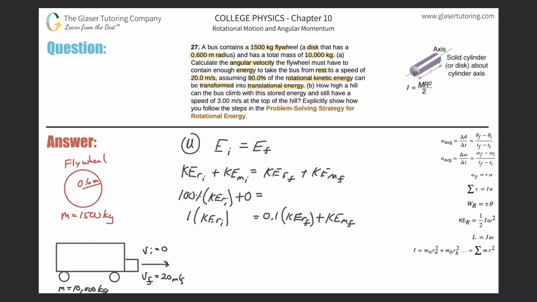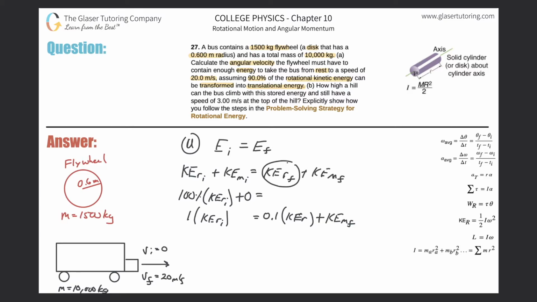Okay? So what do we do now from here? Well, I realize that these two values will be different. So what I should have done was write in my substitution here, this is the final value.